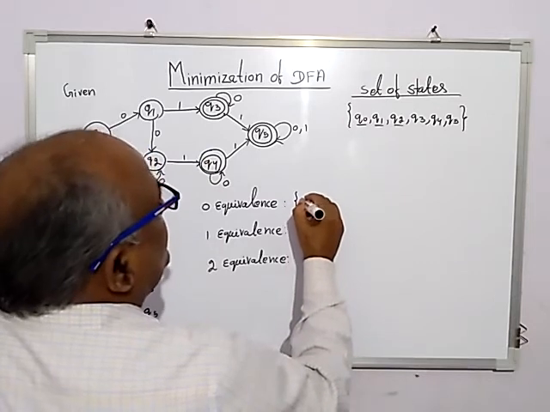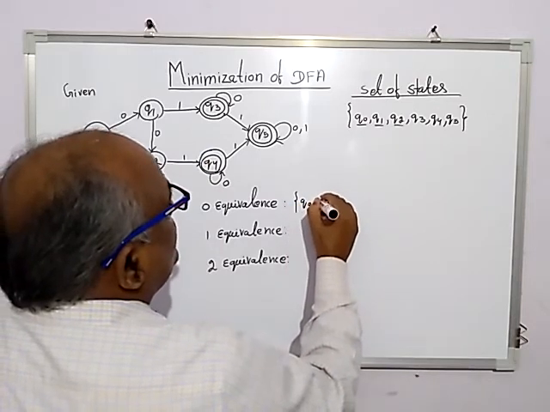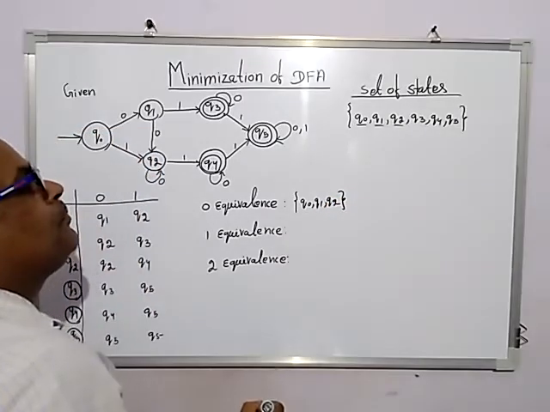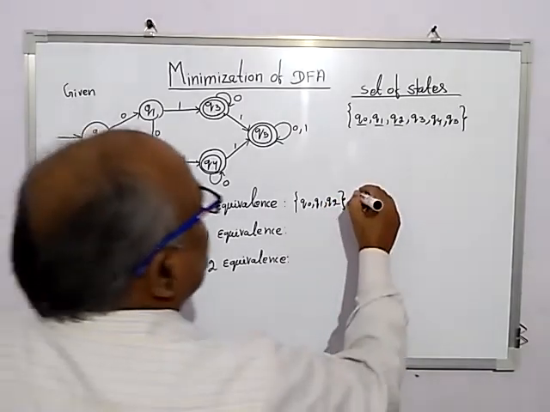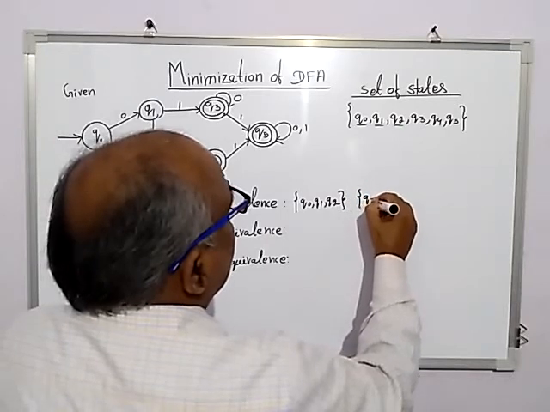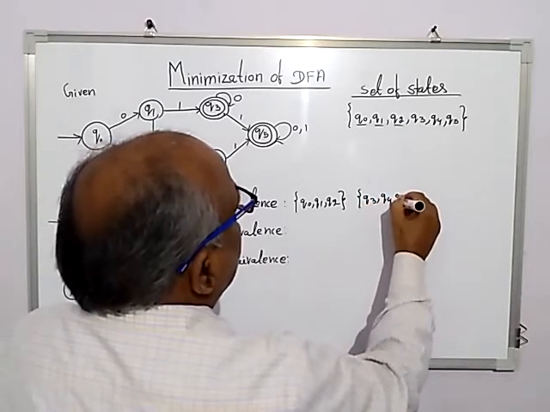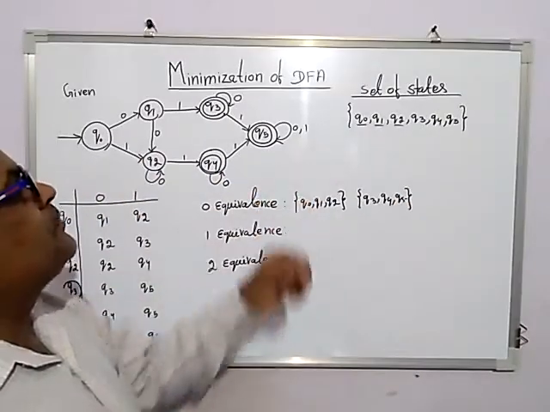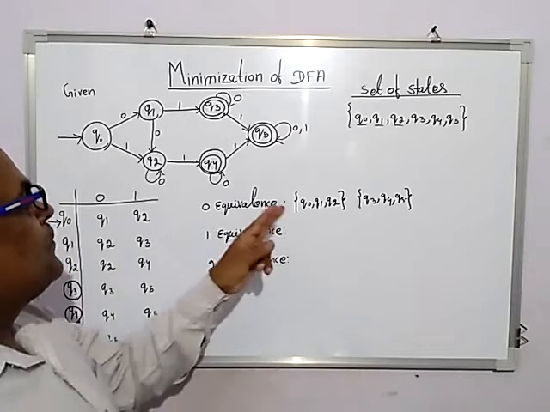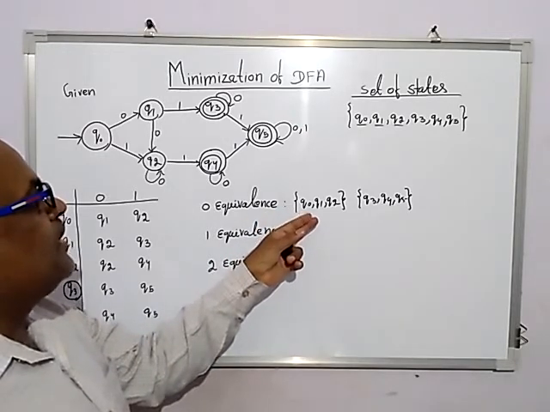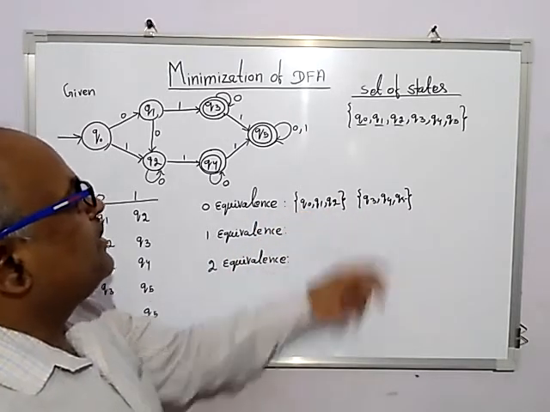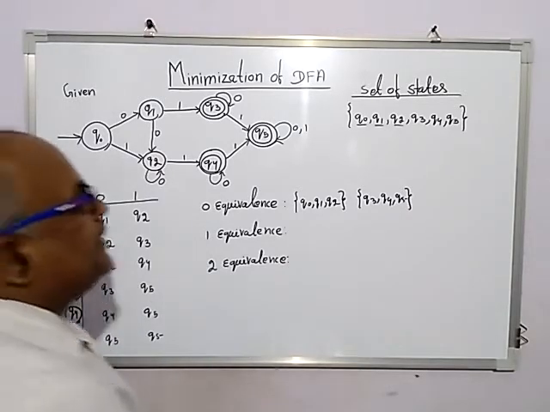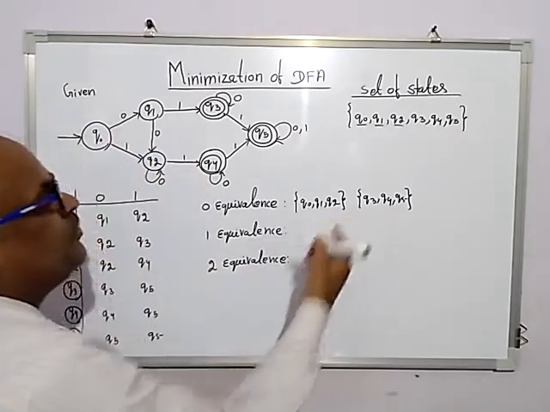So the first subset is Q0, Q1, Q2, and the set of final states is Q3, Q4, Q5. The first subset contains non-final states and the second subset contains the final states, and mark it 0 equivalence. Now it is 0 equivalence.